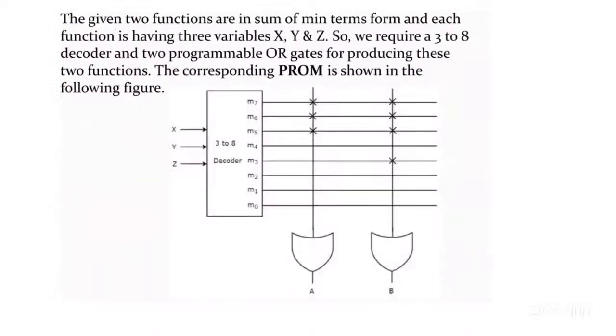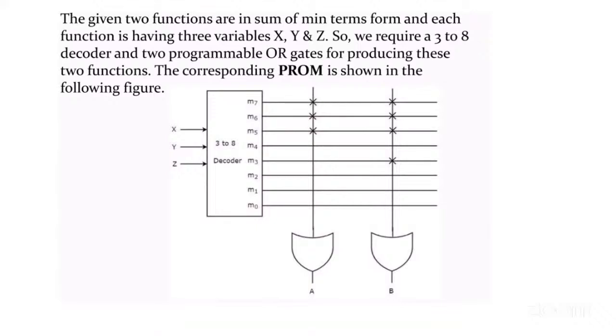Now, the given two functions are in sum of minterms form, and each function has three variables x, y, and z. So we require a 3 to 8 decoder and two programmable OR gates for producing these two functions. The corresponding PROM is shown in the following figure.